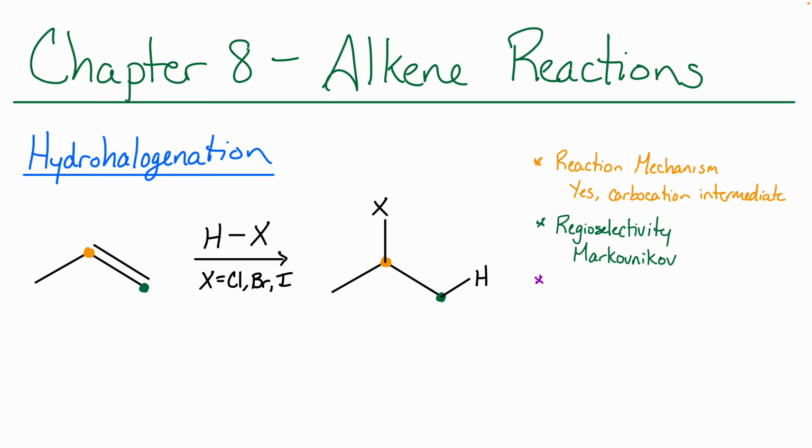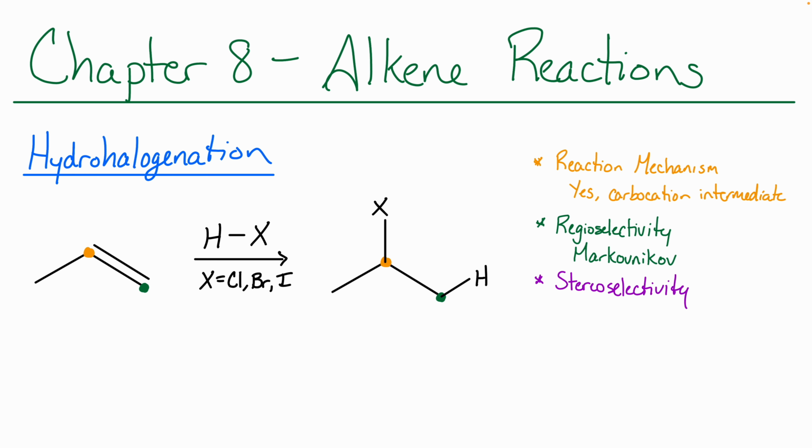And then there was a third property that we were going to look out for, which was called stereoselectivity. And this reaction here, because of that carbocation intermediate, because that carbocation intermediate is that flat trigonal planar structure, the incoming nucleophile can attack it from either side.